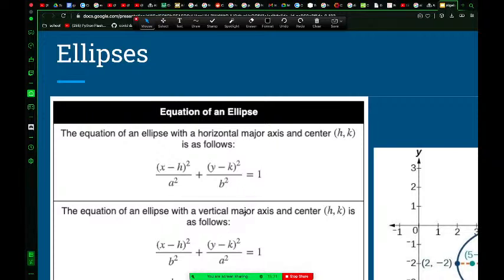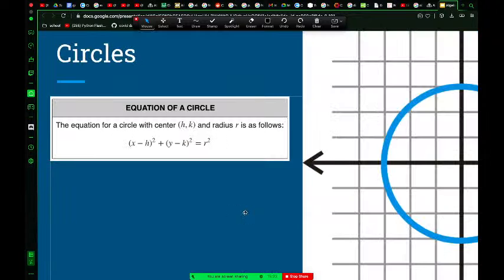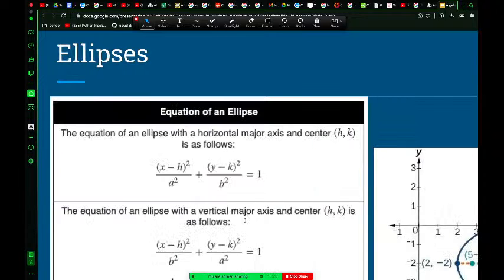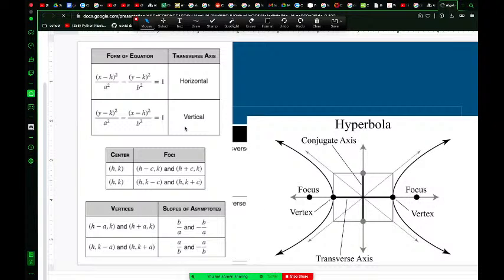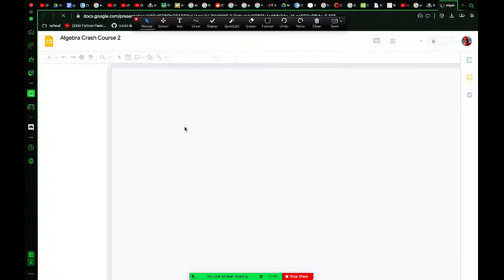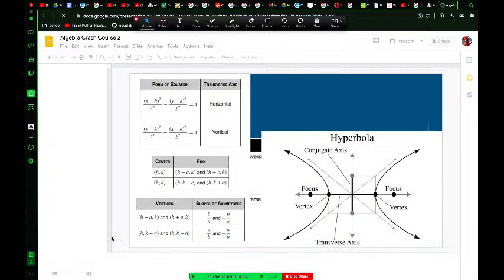I'm trying to zoom out. I don't think it's working. I can't get it to work. Okay, there we go. So let's go on to ellipses.